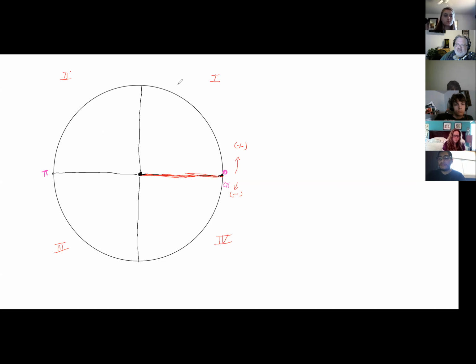That means half of that should be half of pi. So if we measure from here to here, what we think of as 90 degrees, a right angle, it is the same as pi over 2 radians. We might even start saying, instead of a 90-degree right angle, it's a pi over 2 right angle.